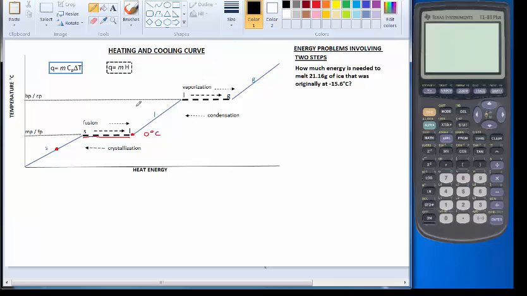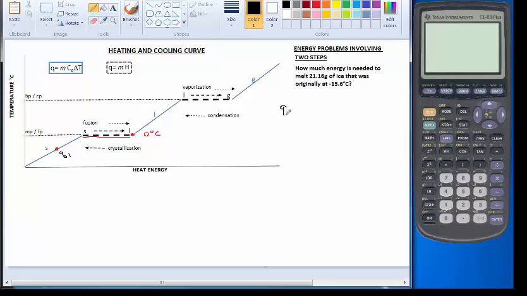So let's talk about how we are going to use these two equations to answer the question, how much energy is needed? So our first part of our equation is this step, our changing temperature step. And we're going to call this step Q1.